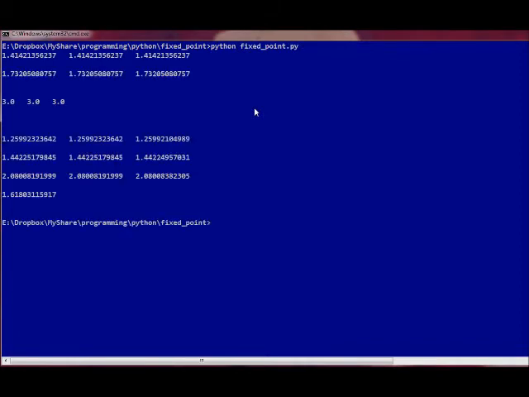Okay, so python fixed_point.py. The first two values are ours. The third value is what Python computes. This is the square root of 2. And then these are our two values for the square root of 3, and then the third value is Python's.